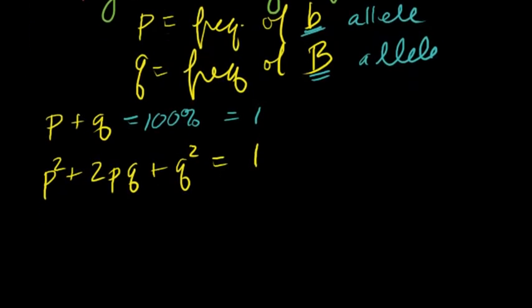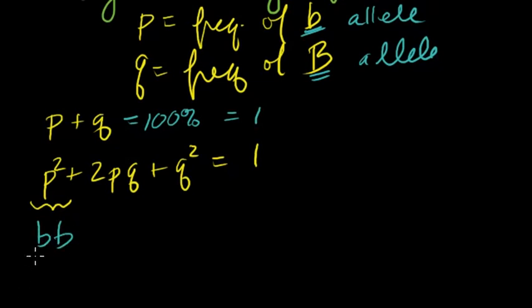What does this tell us? What is P squared? Well, it's the probability that I get 2 of the lowercase blue alleles. What's the probability that I end up with lowercase b, b as my genotype?